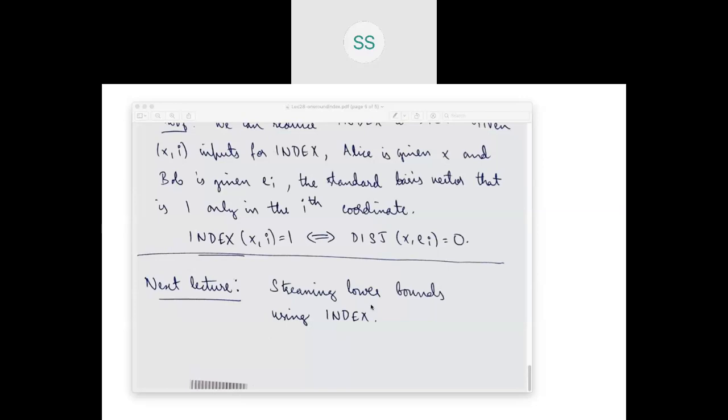We have already seen the unary subset sum, where communication complexity was used to prove streaming bounds. Now we will see different types of streaming bounds using the result that we showed today, which is that the randomized one round communication complexity of index is linear. All right.